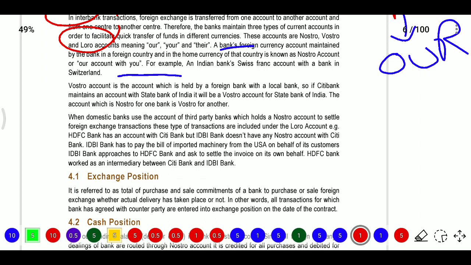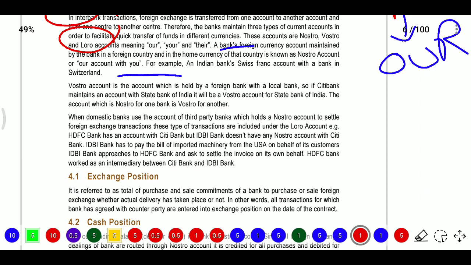When the domestic bank uses the account of a third party bank which holds a Nostro amount to settle a foreign exchange transaction, these transactions are included under Loro account. So when it is not yours or ours, it is their account.